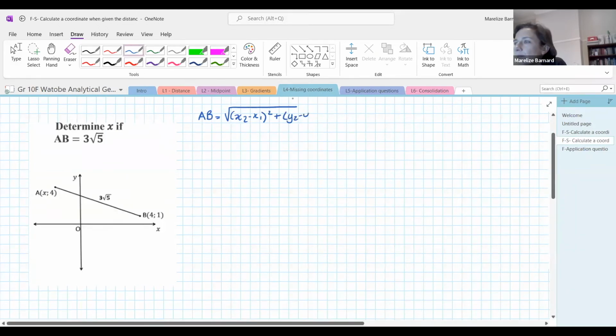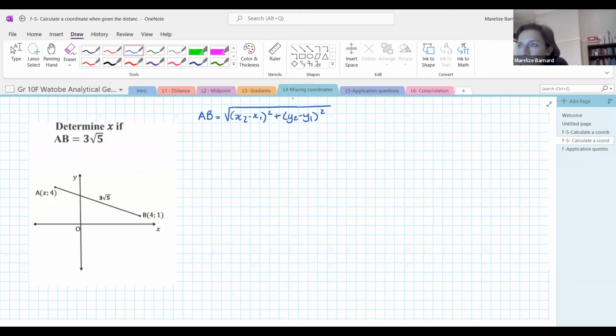And then in there, we would substitute. So the 3√5, we would put in the place of AB, and then inside the square root, we would put the 4 minus the x for the missing x that we have, and then a bracket squared, plus 1 minus 4 bracket squared.